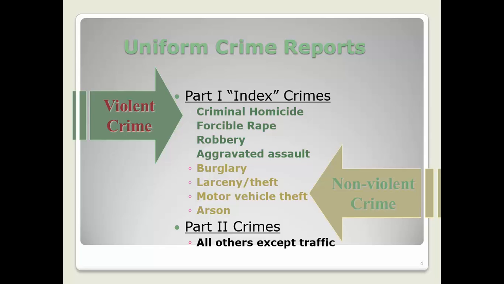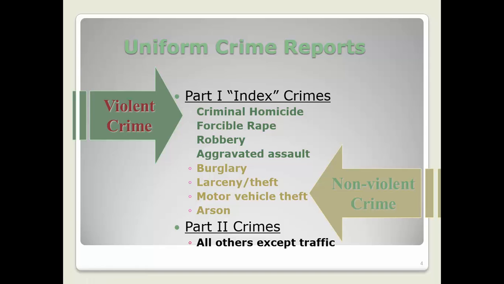So if somebody mugs you on the street, that's robbery. If somebody breaks into your house when you're not home, you haven't been robbed, you've been burgled. So burglary is when somebody breaks into your house, you're not there, and they steal your stuff. Robbery is sort of a property crime, but it's also a violent crime. What often gets released is called the Serious Violent Crime Index, and it would be these top 4: homicide, rape, robbery, and aggravated assault.